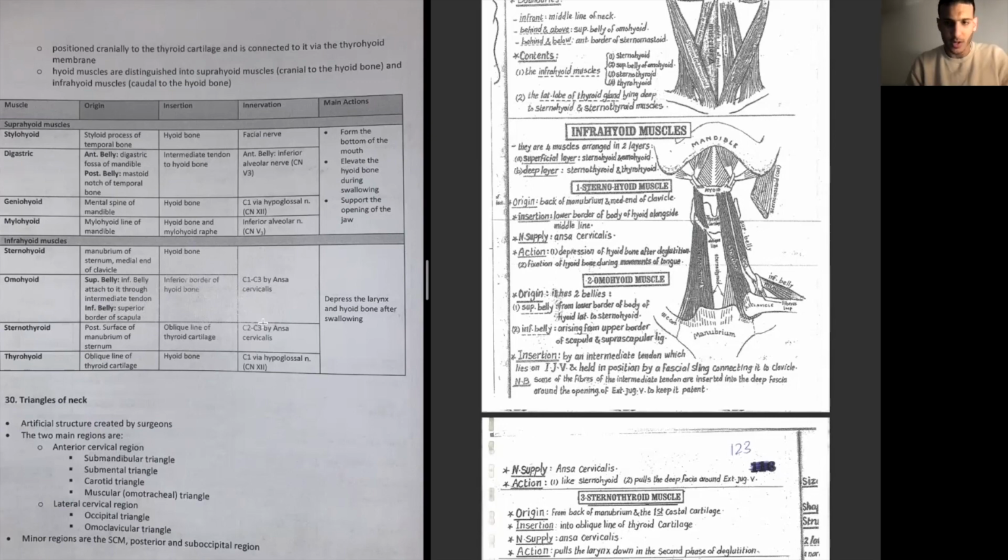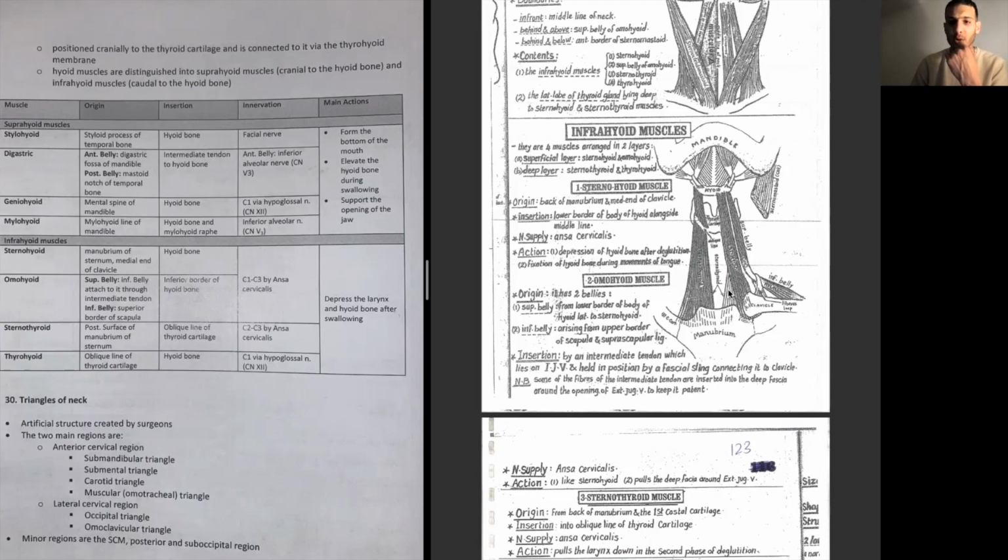The omohyoid is somewhere at the scapula to the hyoid bone. The sternohyoid is from somewhere at the sternum all the way up to the hyoid bone, and both of them are innervated by C1 to C3 by the ansa cervicalis, and they depress the larynx and hyoid bone after swallowing.